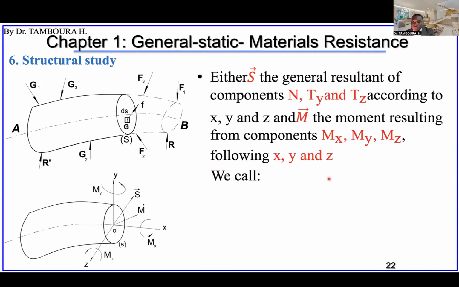Okay, N is the normal effort, the normal force, if you want.